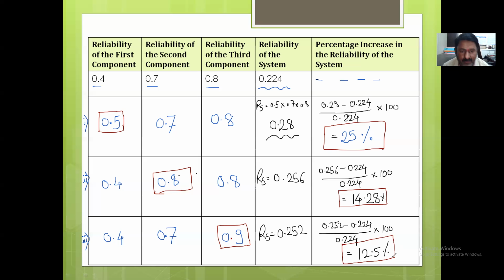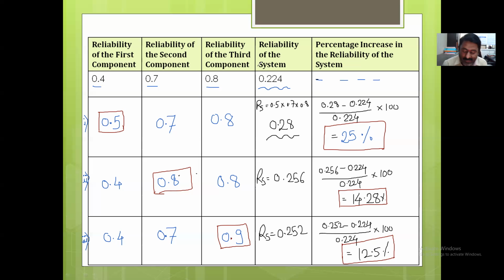Okay, so before proceeding to the next page, you just try to understand that the improvement in the reliability of the system, 25%, is higher when we have gone for the increment of 0.1 in the first component. It is observed that when we increase the first component by 0.1, the percentage increase in reliability of the system is more. Now we are discussing why.